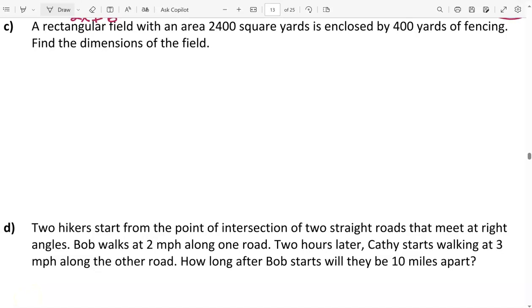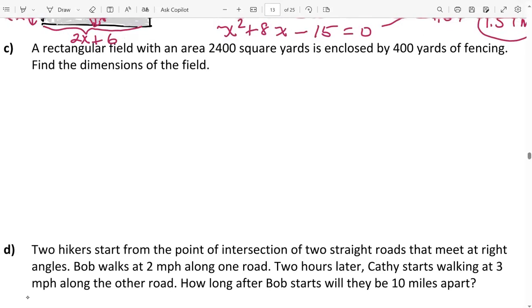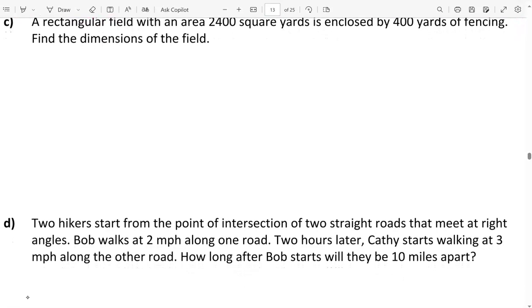In the next example, a rectangular field has an area of 2,400 square yards, and it's enclosed by 400 yards of fencing. So fencing, the length of the fencing really represents perimeter, whereas we are told about the area. So that should be enough information to find the dimensions of the field.